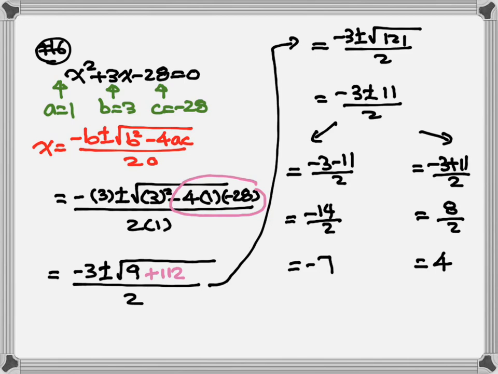Now, let's look at number 10. Number 10, 9x squared plus 6x equal to 1. So for this, make sure one side of the equation must equal 0. So here, I'm going to move the 1 to the other side. Let's rewrite the whole equation.